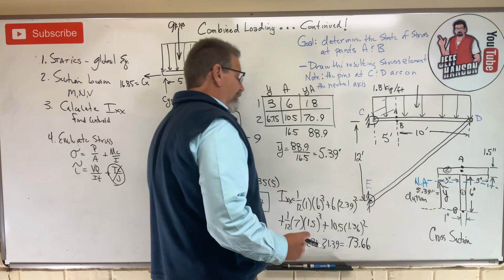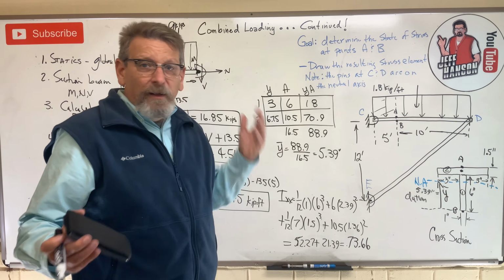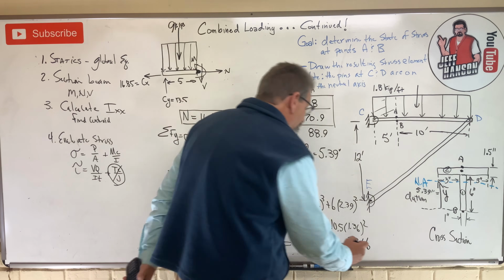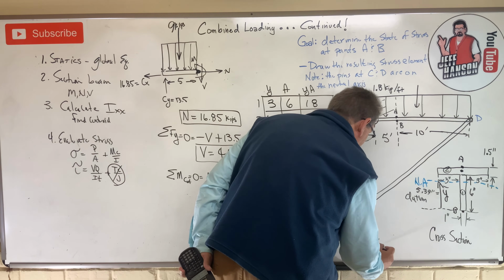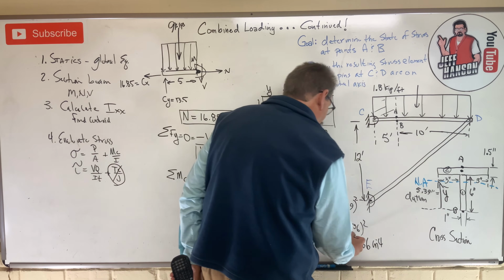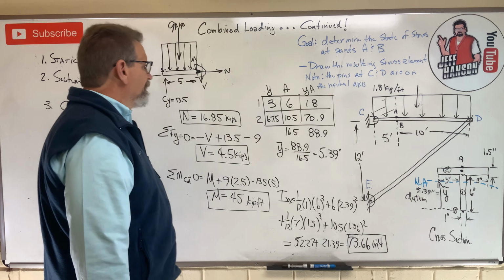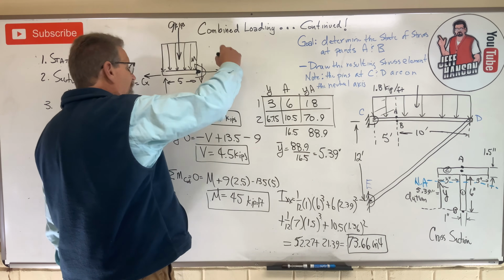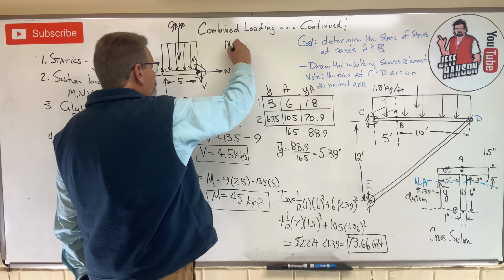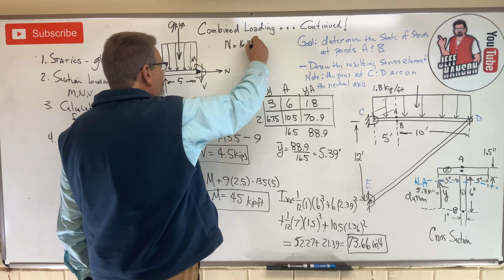And what units goes on that, gang? Inches to the fourth. Inches to the fourth. Okay, so there's my I. Okay? So let's write all this down up here so we can get some room. So N is equal to 16.85 kips.